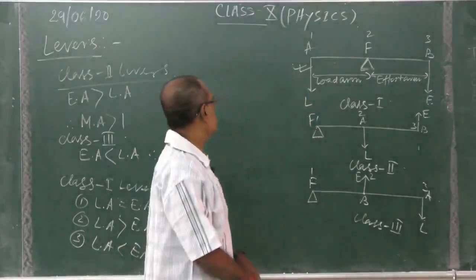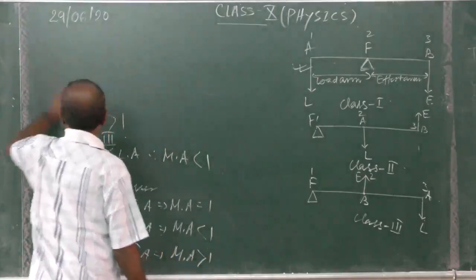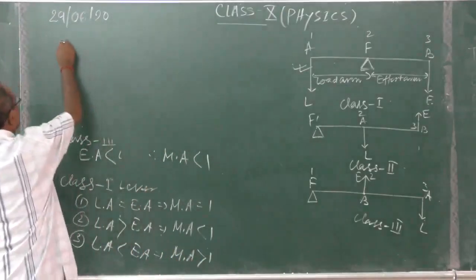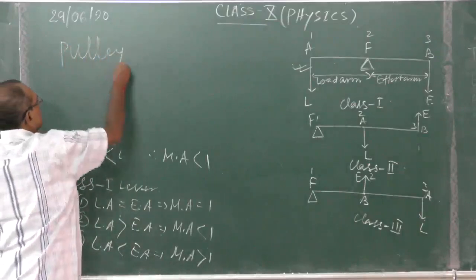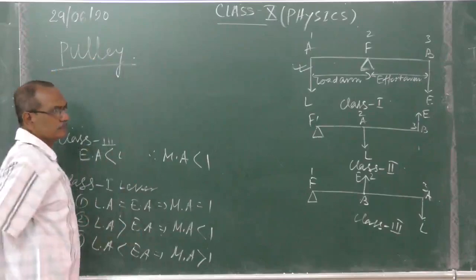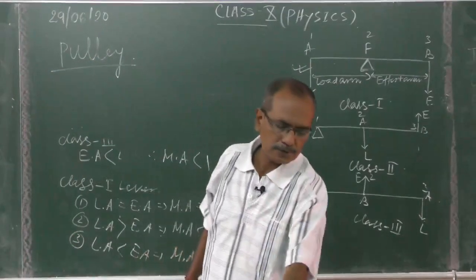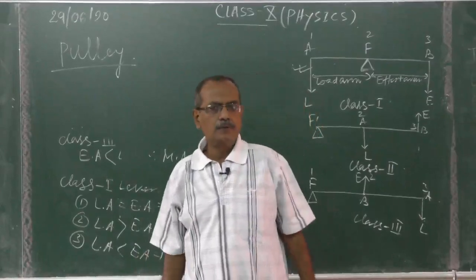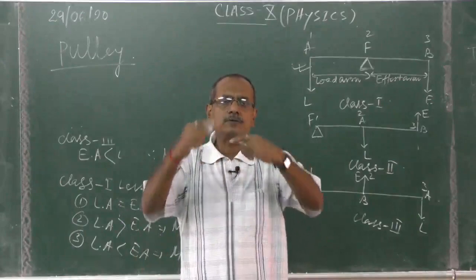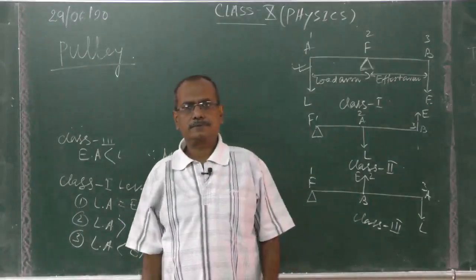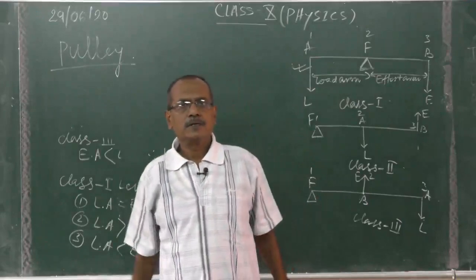Now next is pulley. Pulley is a circular disc which is rotating about an axis, that is known as axle also.